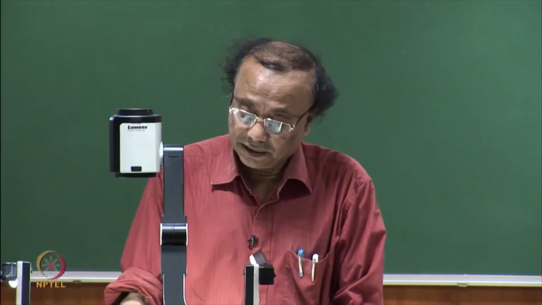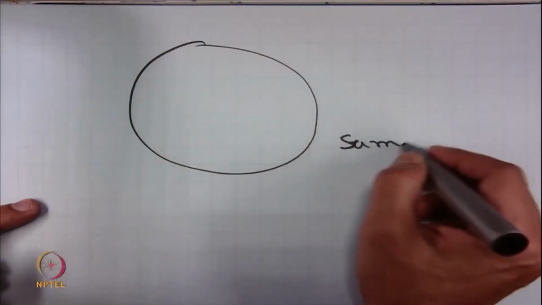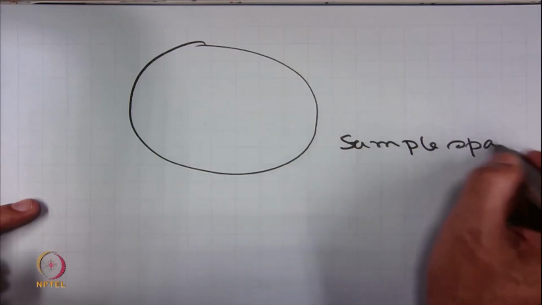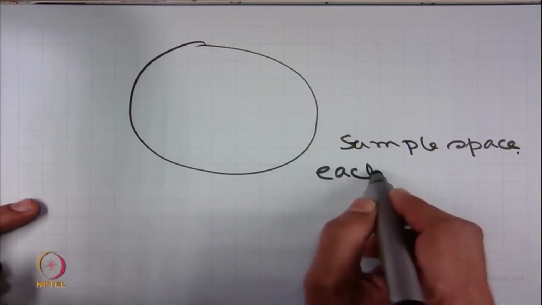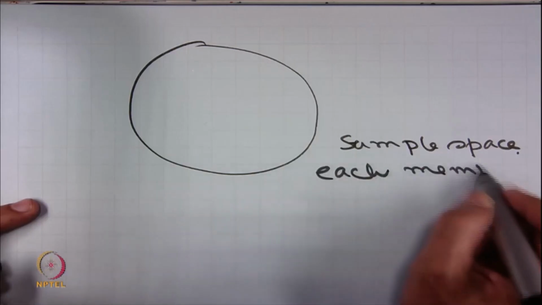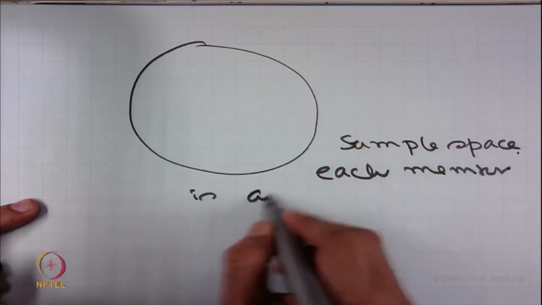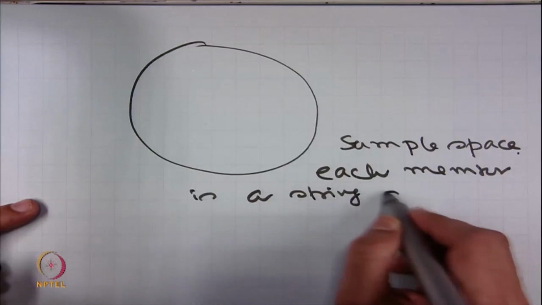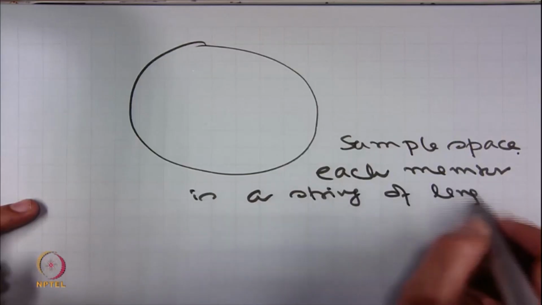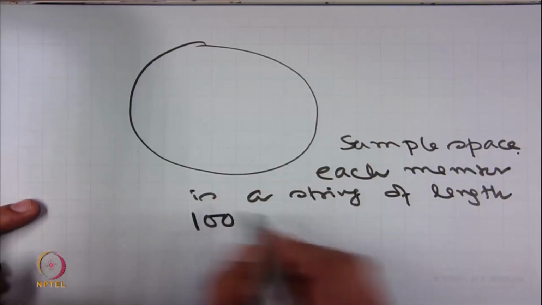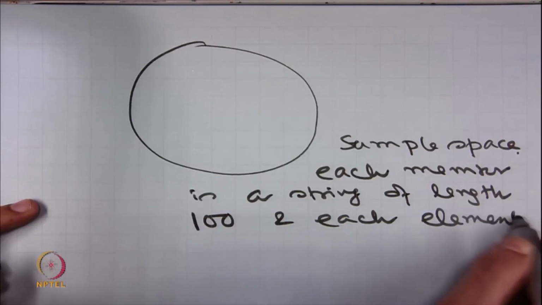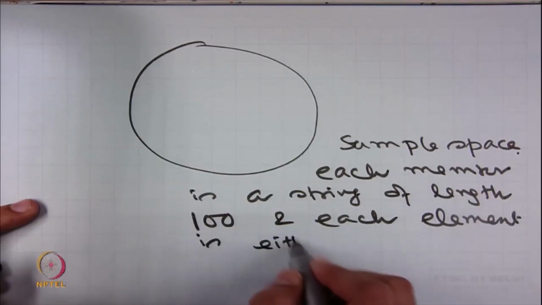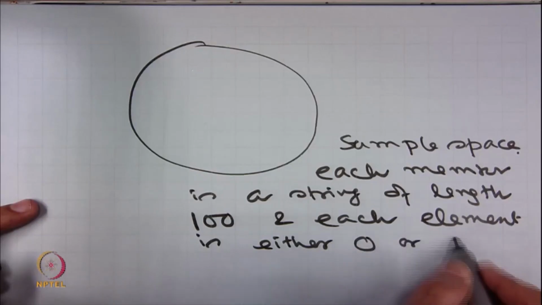The sample space is, and each member of the sample space is a string of length 100, and each element is either 0 or 1.